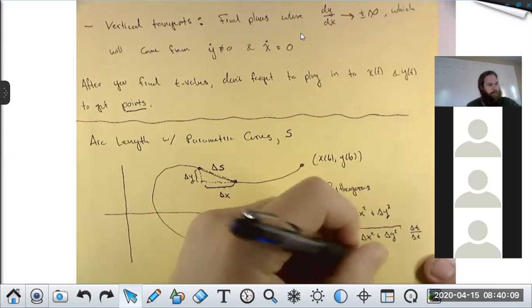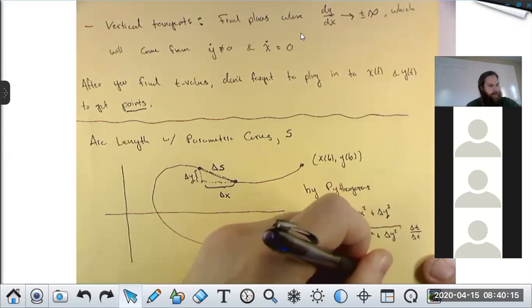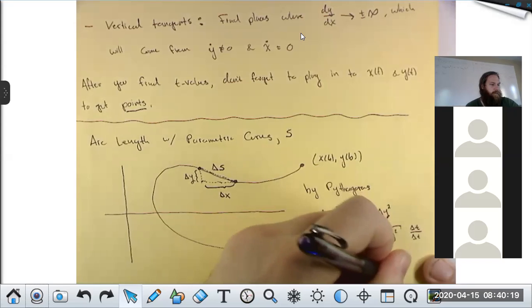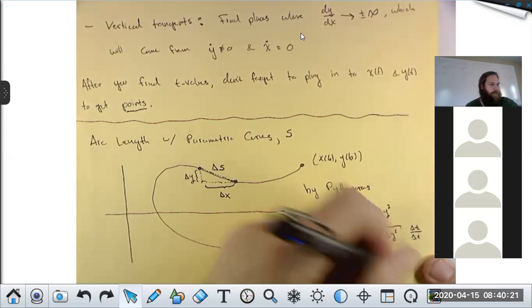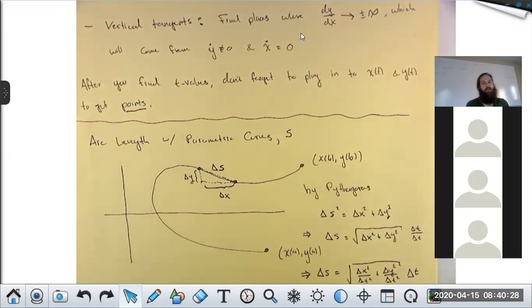And so this becomes the square root of delta x squared over delta t squared plus delta y squared over delta t squared. And then I still have one delta t hanging out on the end. That's the one from the top.